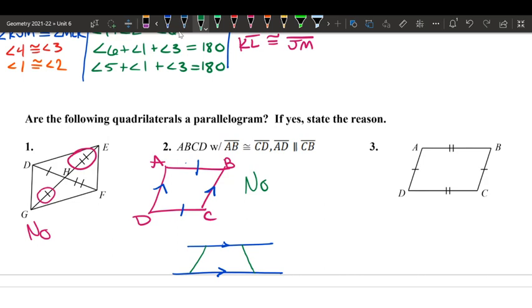Yeah, because we can see this one's a little bit based on what it looks like, because that same length doesn't go in the same way. So yes, we do. Because the only way to connect these would be if they're parallel.